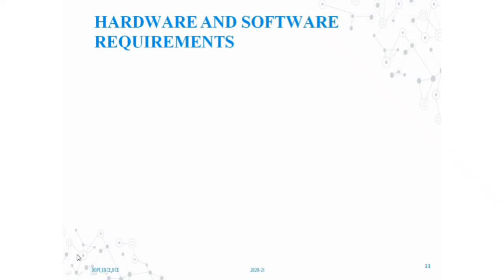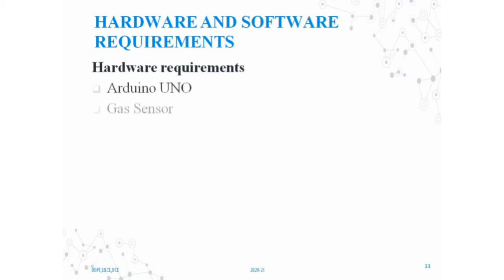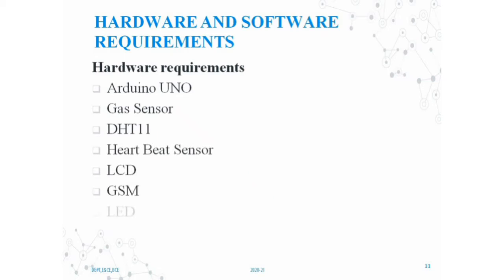Hardware and software requirements. Hardware requirements. The hardware devices used in the infant incubator are Arduino Uno, gas sensor, DHT11 sensor which is a temperature sensor, heartbeat sensor, LCD, GSM and LED.